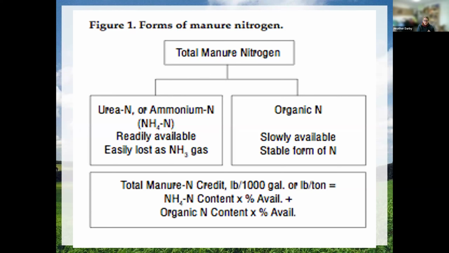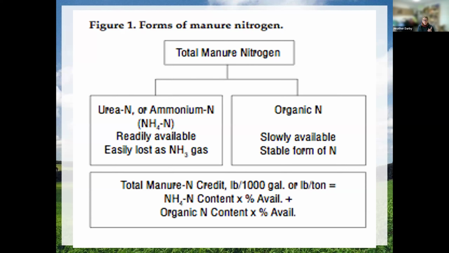Ammonium nitrogen in the manure comes from the urine. Okay. It's urea N, just like the fertilizer. It's ammonium N. So if you remember, this is the plant available form. It is readily available for your crop to utilize immediately, right? Or for it to get converted to nitrates, etc.